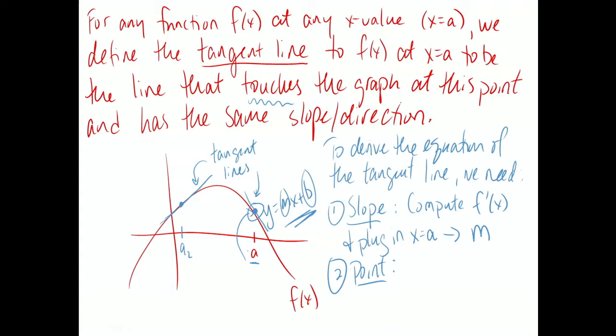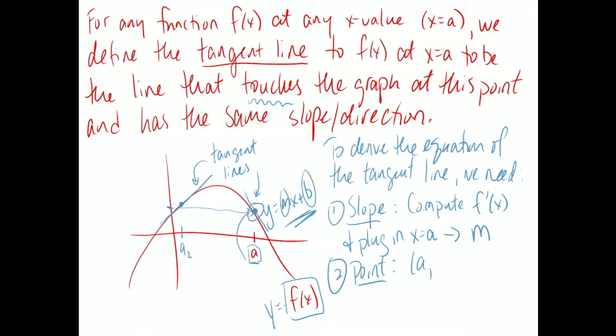Well, I know the x value. It's this a, whatever x value we care about. So I know that a, and then what is the y value? That's just asking, what's the y coordinate? Well, f of x, remember, y is the same thing as f of x.